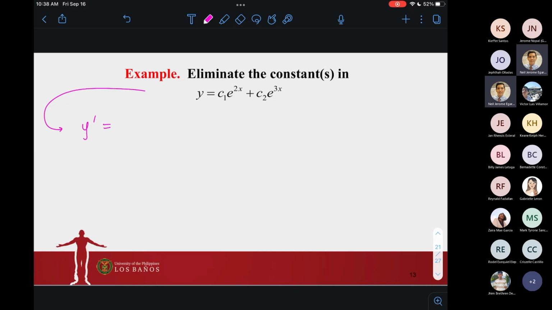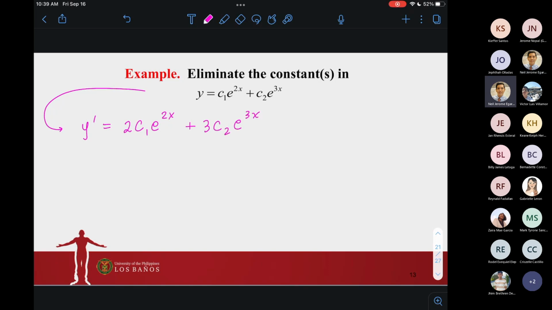So pag nag-differentiate ako ngayon, derivative ng C1 e to the 2x. Remember, C1 is just a constant. It can't take any real number, pero in essence, it's a constant. So its derivative will be 2c1 e to the 2x plus derivative of c2 e to the 3x will be 3c2 e to the 3x.